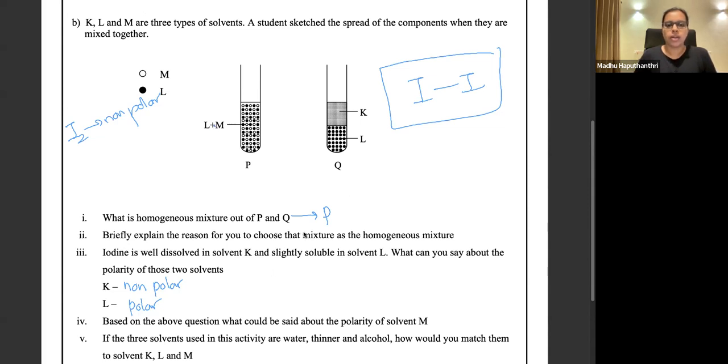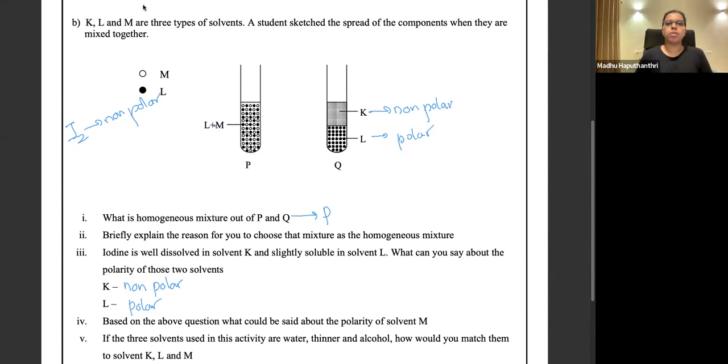Based on the above question, what could be said about the polarity of solvent M? So far we know solvent K is nonpolar and solvent L is polar. L and M have formed a homogeneous solution.